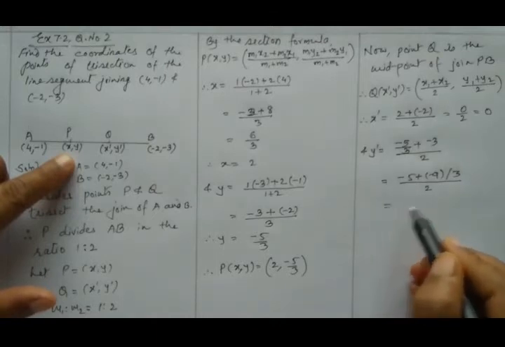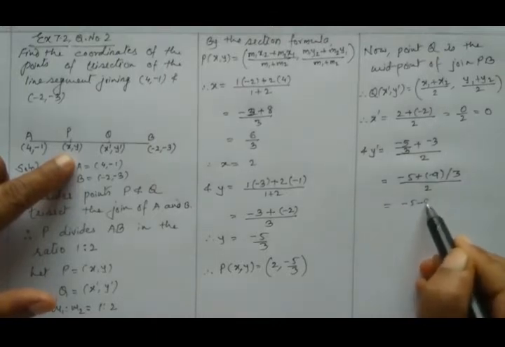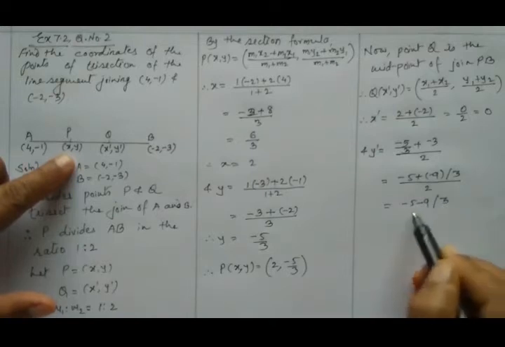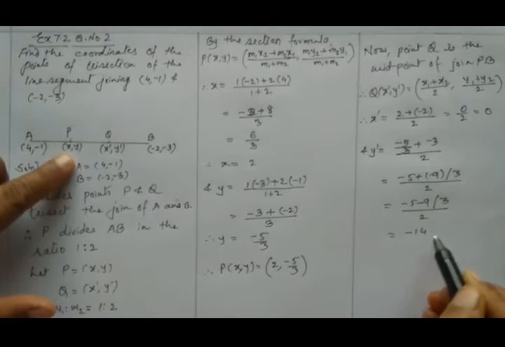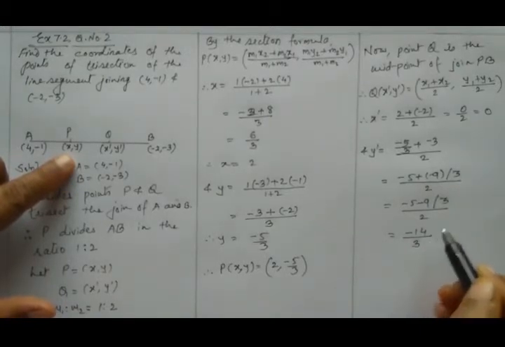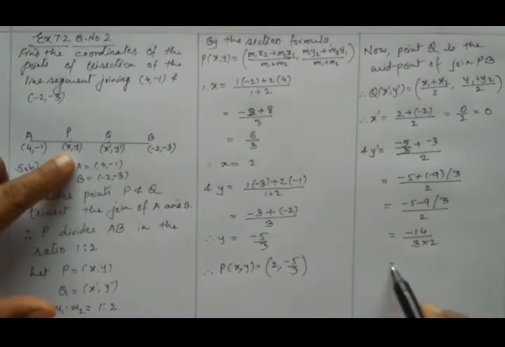Okay, so this is -5 minus 9 whole upon 3 divided by 2, so that is -14 upon 3 multiplied by 1/2, and that is -7/3.